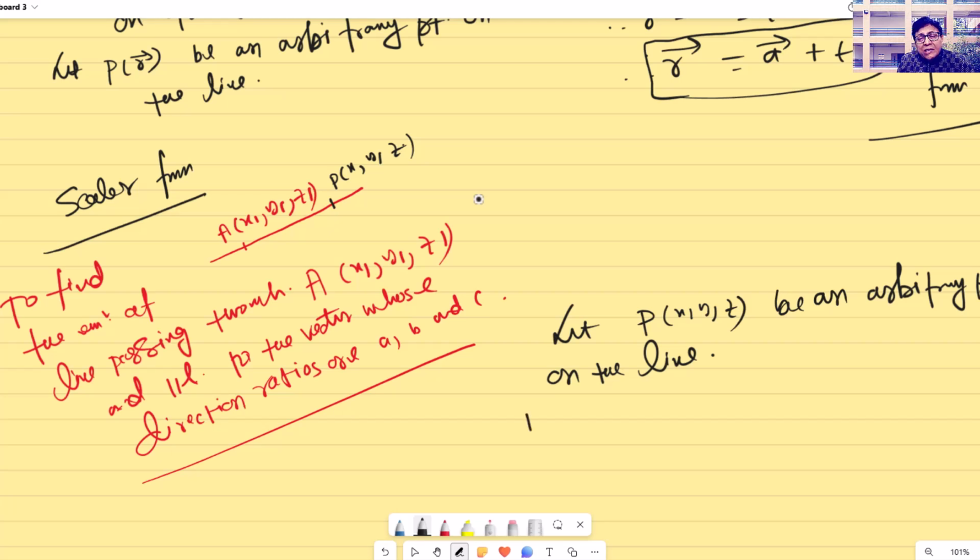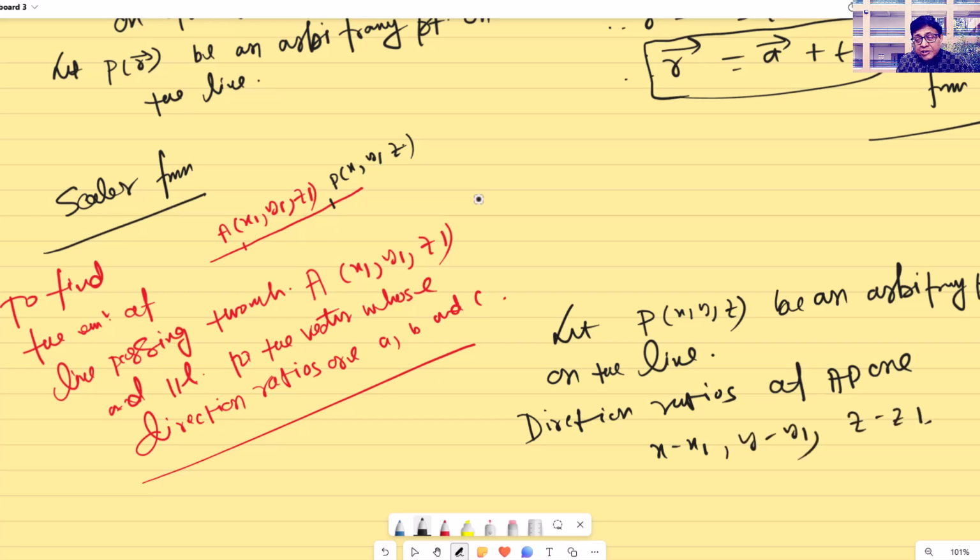Now, what is the direction ratio of AP? Direction ratios of AP are x minus x1, y minus y1, z minus z1.